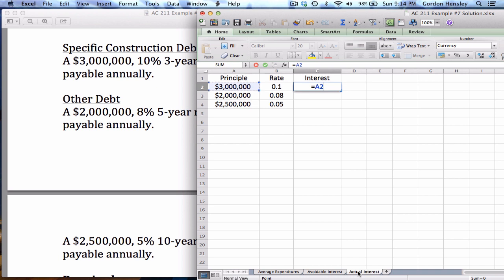So in each case, I will take that principal and multiply it by the corresponding rate. And that will give me the individual interest amounts. And then I can add all these together to get the total. So that means that the total interest would be $585,000.